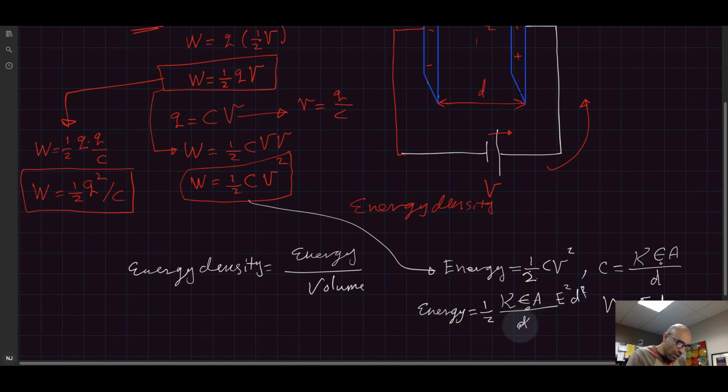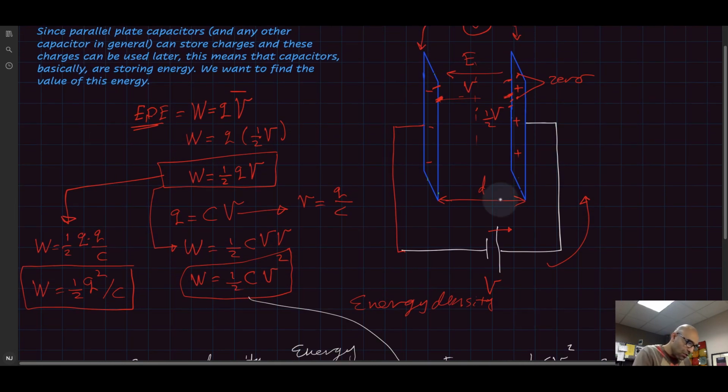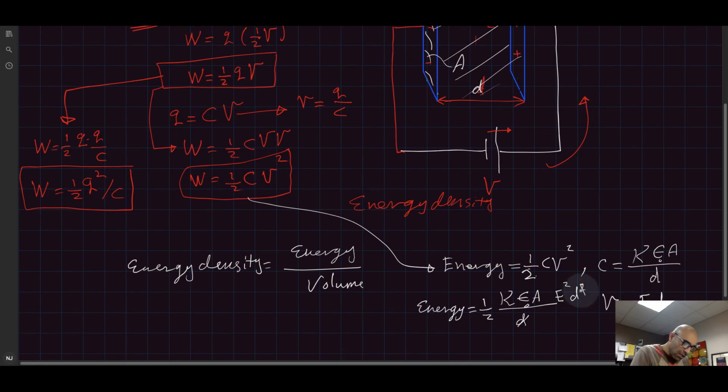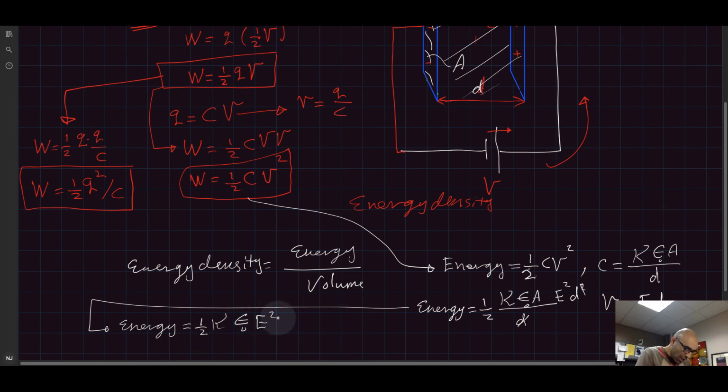We have D times A. This is D, right? And the surface area of the plate is A. D times A gives us what? The volume. So D and A give us the volume. Energy is equal to 1/2 kappa epsilon 0 times E squared times the volume.